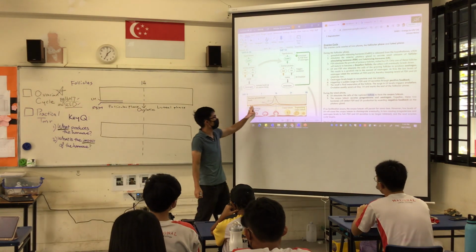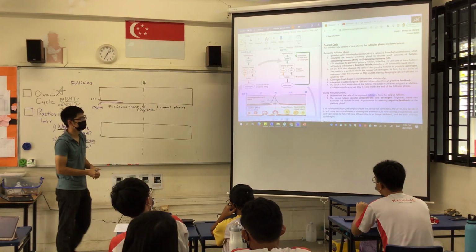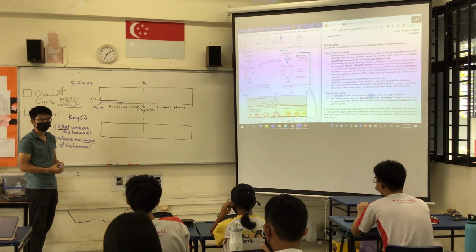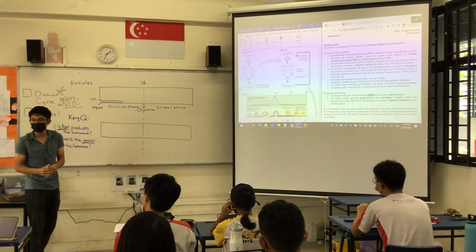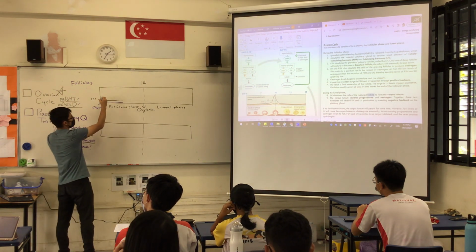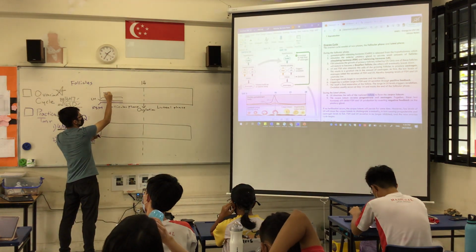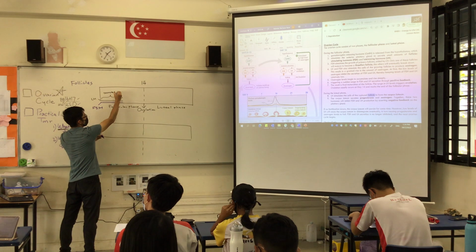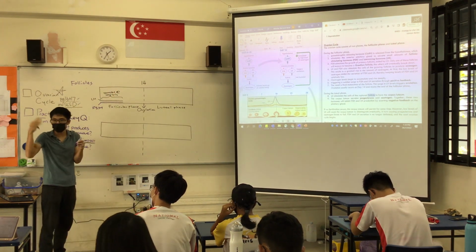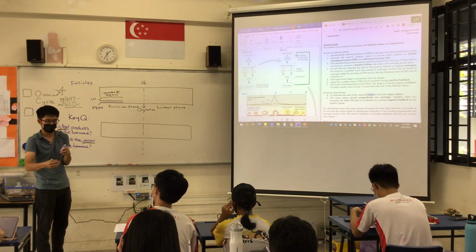But they are produced at very low levels at the start. So if you want to annotate, you can annotate on your graph right now. You can say, secreted at low levels, so that you are aware. When you look at this graph again, it has a bit more meaning.